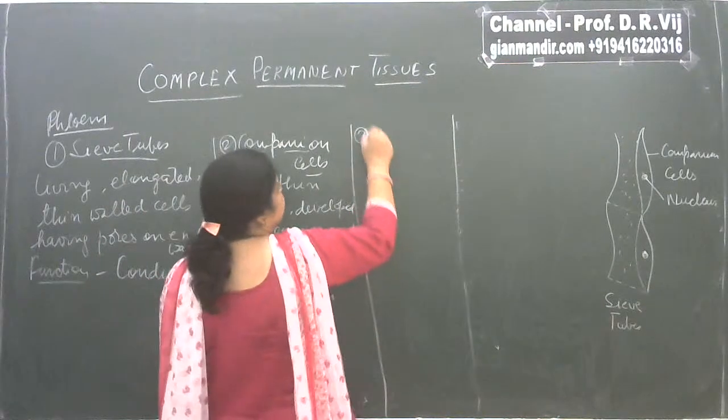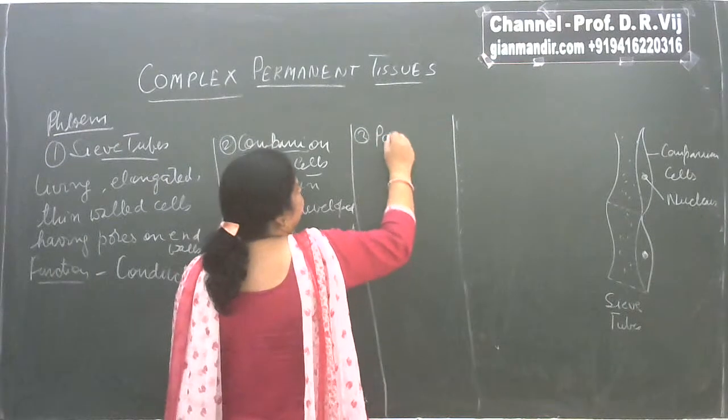And the third type of cells which you can find here are parenchyma.